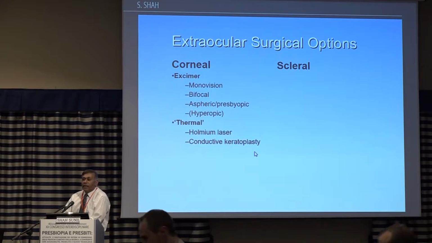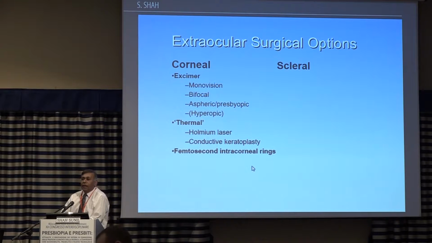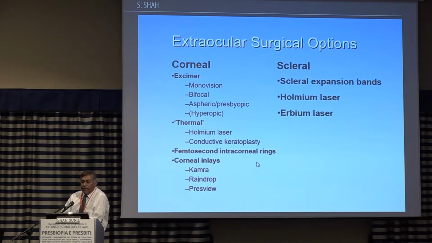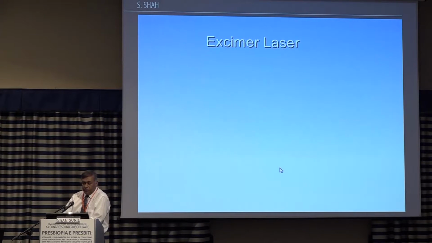There are the thermal techniques, which are not used so much anymore. There's femtosecond intracorneal rings and corneal inlays. And then on the scleral side, we have scleral expansion bands, and a couple of different lasers, and I'm just going to run through these different options.